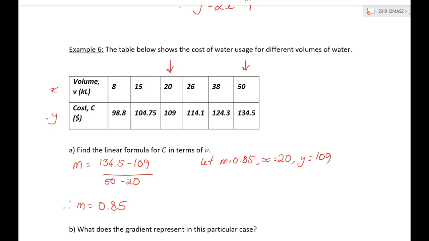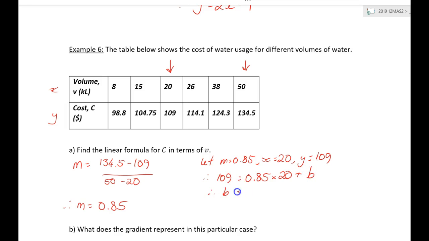When we write our final equation, we'll replace x with v and y with c, but far simpler to work with these conventions. Therefore, 109 equals 0.85 times 20 plus b.